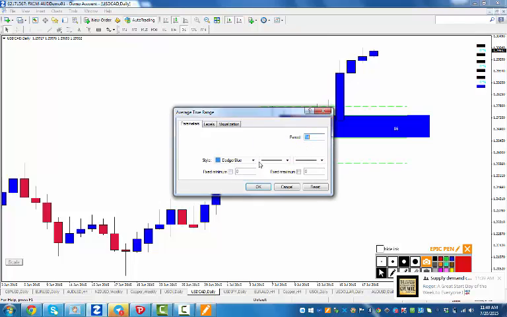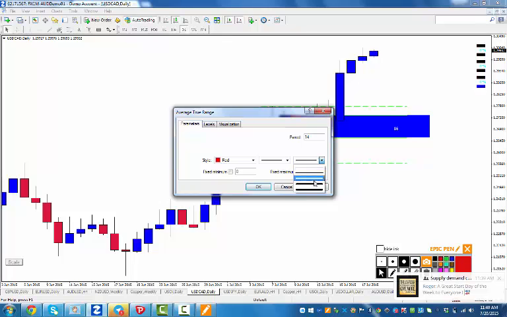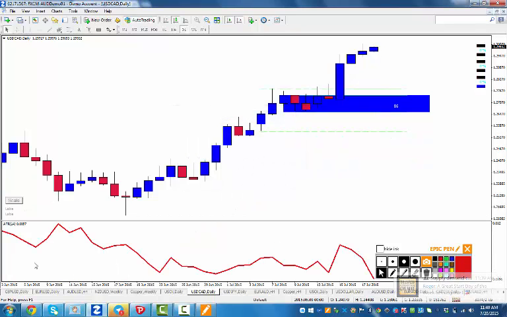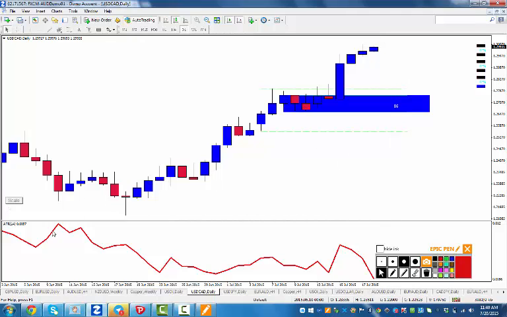Okay, average true range. It's 97, right? So if we round it out, it's 100 pips.